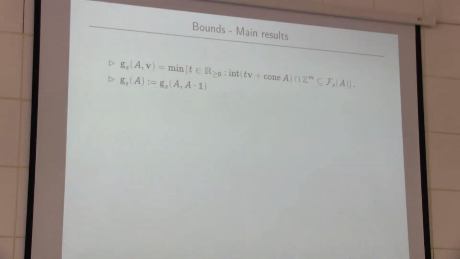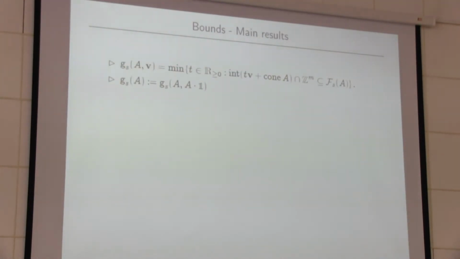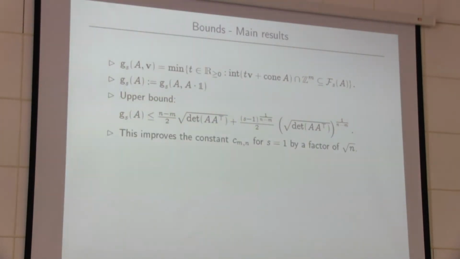So this bound applies to the special case s equal to 1. In the general case, jointly with Mark, Henk and Aliev, we proved the upper bound shown here on the screen. This bound improves the constant for s equal to 1 and the factor of square root of n.